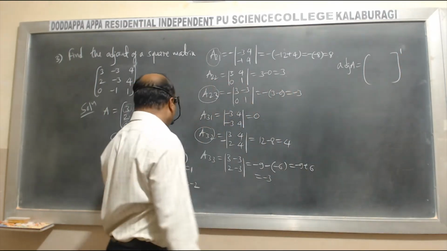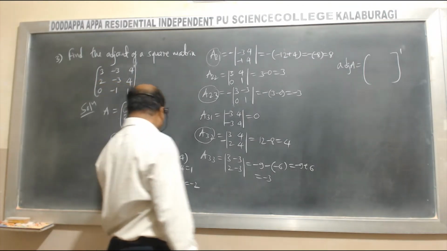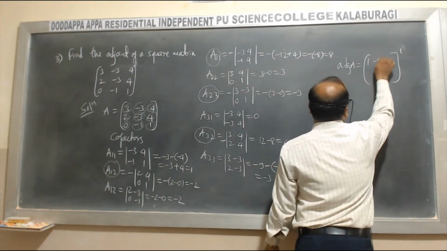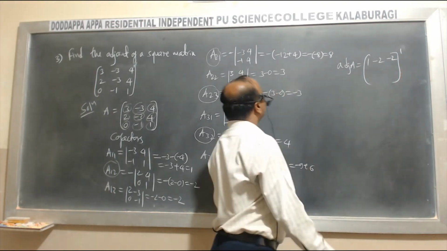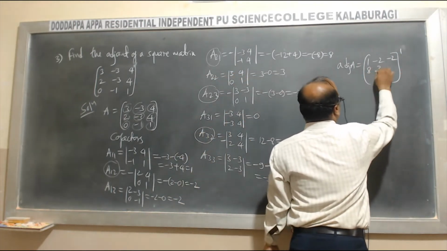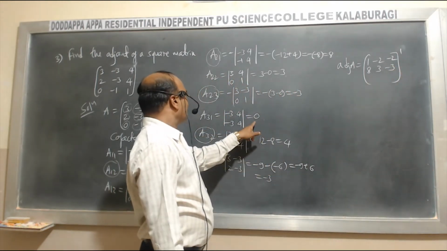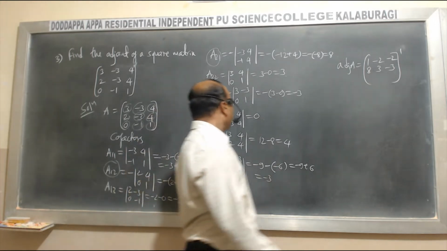Now the second row is 8 3 minus 3, the third row is 0 4 minus 3.